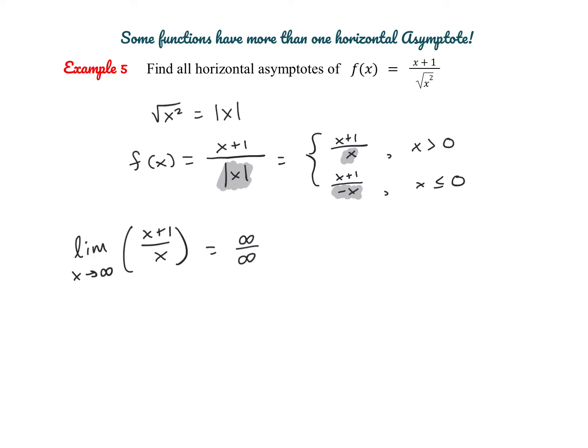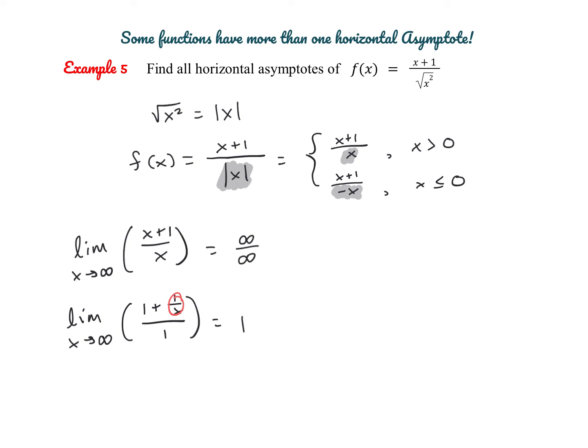So let's try, again, dividing the numerator and denominator by x. So we'll find the limit as x approaches infinity of 1 plus 1 over x over 1. So this portion will approach 0 as x approaches positive infinity, and that leaves us with the limit equaling 1 over 1, which is just 1.